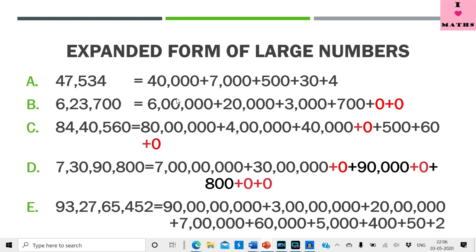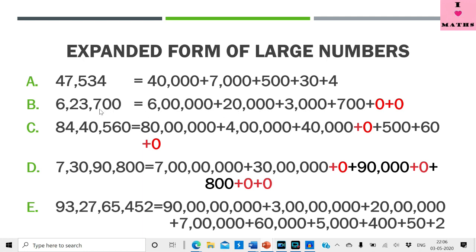Let us move further. After 2, the next non-zero digit is 3. And after 3, there are 3 digits in the number. So in the expanded form, we will have 3 zeros after 3, making it 3,000.